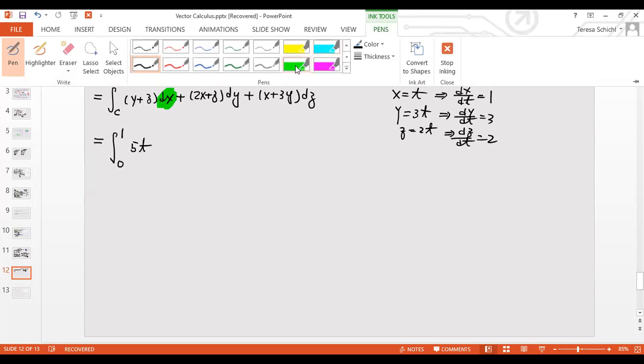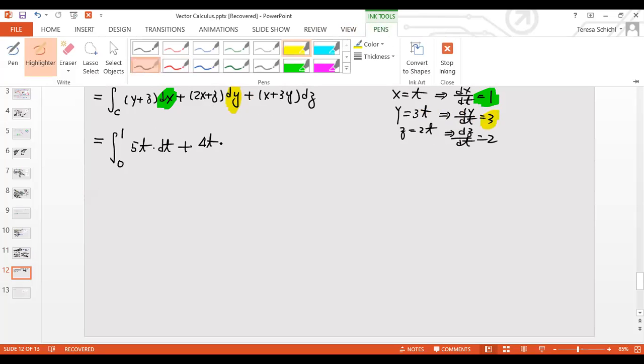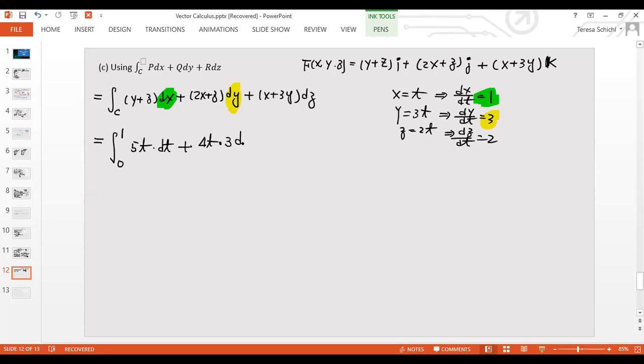So for the dx, what do I need to put here? It's 1, so times 1 is nothing, it's just times dt. Now the second one is 2x plus z, which is 4t. But here I'm integrating with respect to dy, and dy/dt is 3, so I need to times 3 dt.